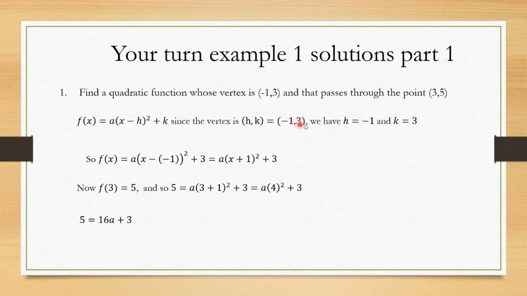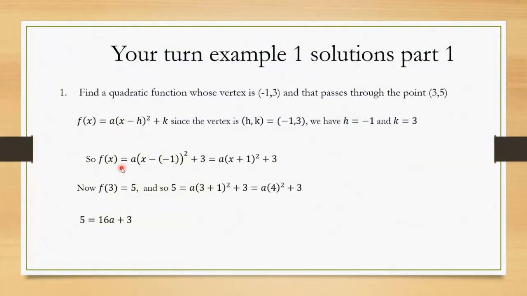When 2 points are the same, the x coordinates are equal, so h is equal to -1 in this case. The y coordinates are equal, so k is equal to 3.